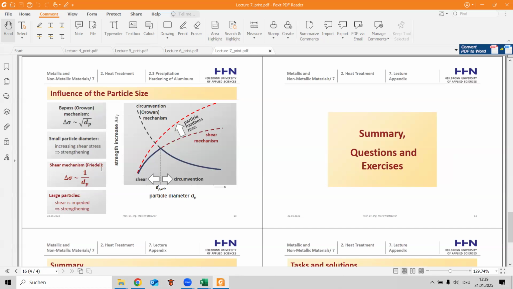Then we have shear mechanism, delta sigma proportional to 1 divided by particle diameter. Large particle shear is independent, so there is no strengthening. So here we have sequential shear mechanism. So particle hardness rises. Here we have shear and circumvention here.